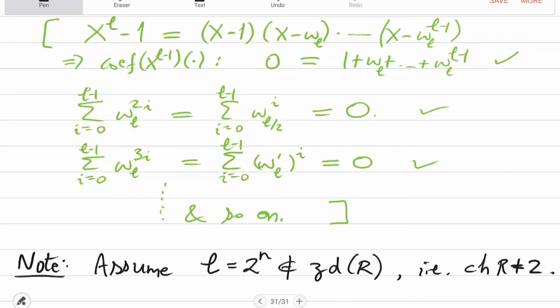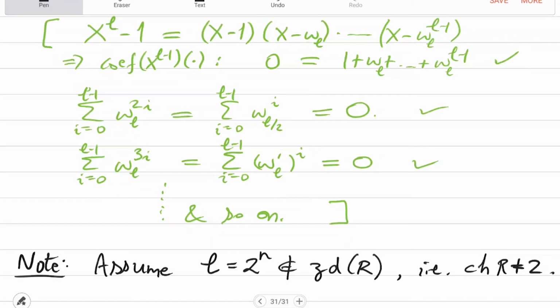Okay, so 2 raised to n will be a zero divisor if and only if it is actually 0. In all other cases, 2 raised to n will be invertible. So for now, you can assume the characteristic of R to be not 2. When it is 2, we will see a different argument.